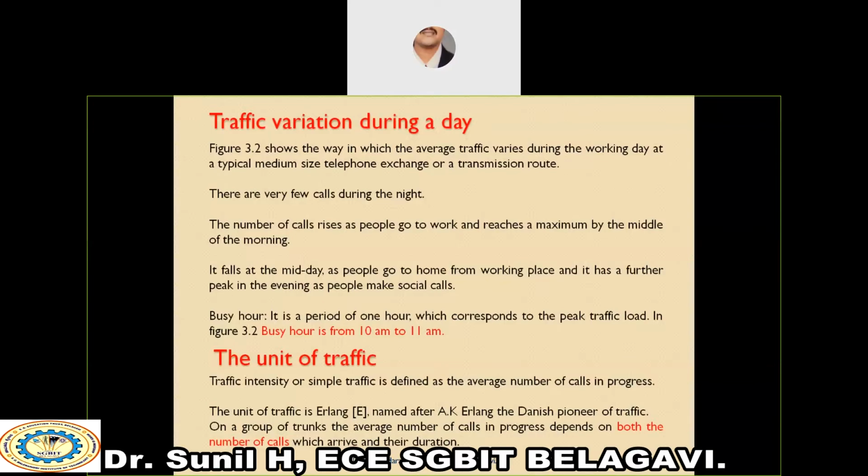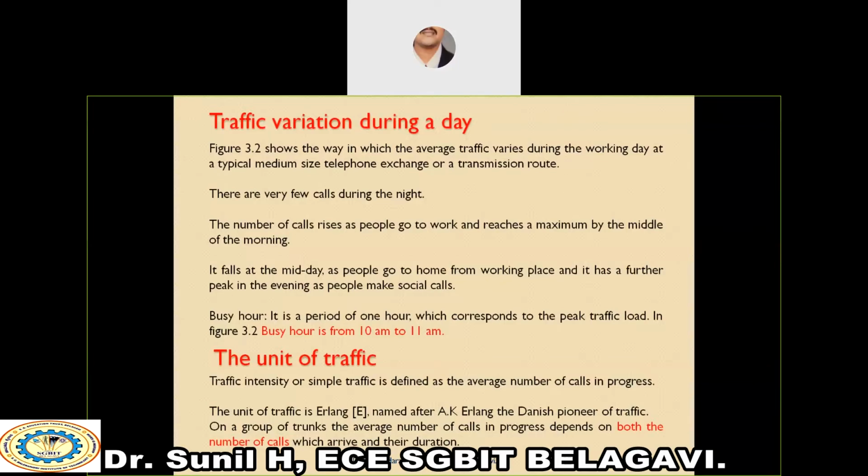The second trunk in figure A is shaded gray, which indicates the trunk is busy, so some traffic is there. For the third trunk, again we have a blank, which indicates the trunk is free. So on average, two trunks are free while one trunk is busy at that moment.